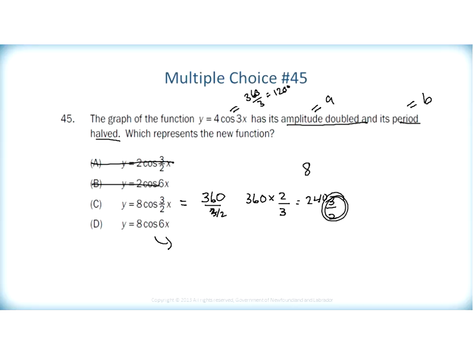Here the period is going to be 360 divided by 6, which equals 60 degrees. So you're looking for the one where the period is half, and that will be D, a period of 60, and this is a period of 120. So be very careful. Sometimes it's not all just looking at the equation, and this is because B is in the denominator here.